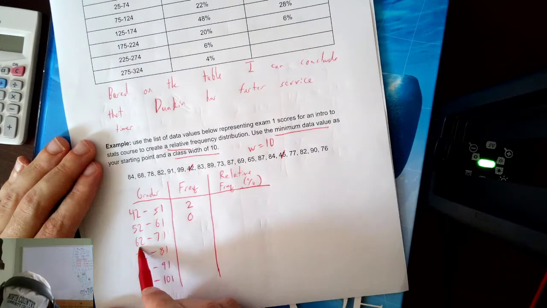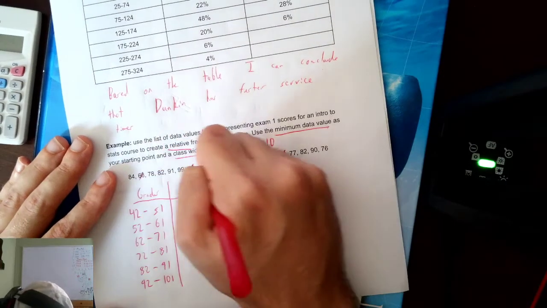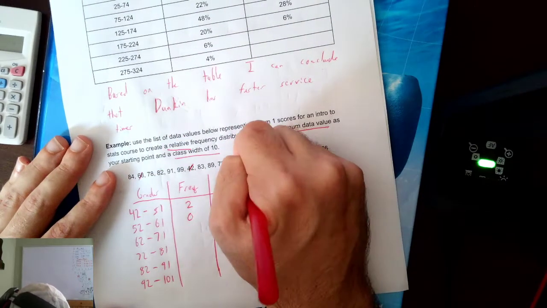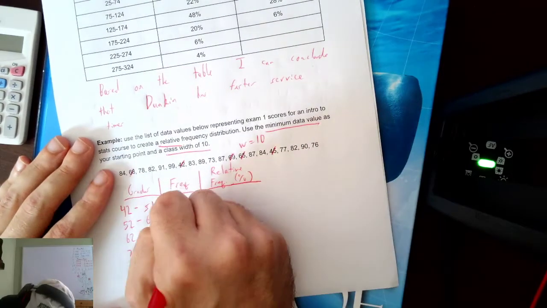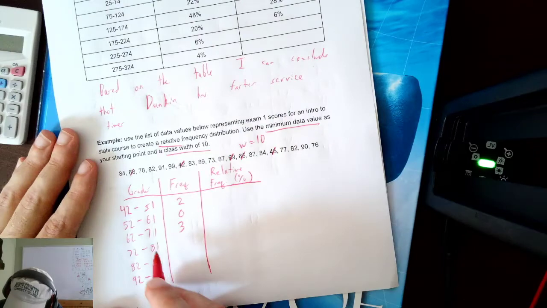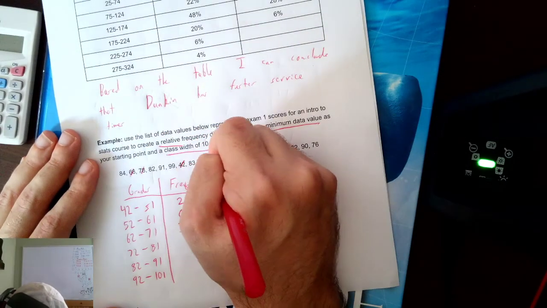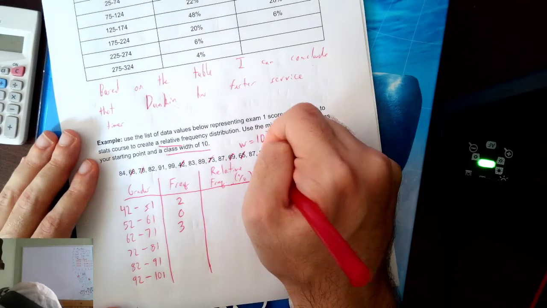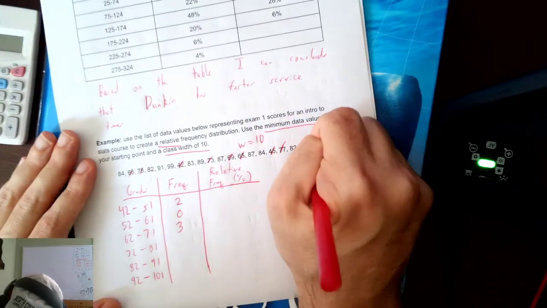Next, we've got 62 to 71. Well, let's see. We've got 1, 2, 3. We've got 3, it looks like. 72 to 81. Let's see. 1, 2, 3, 4.